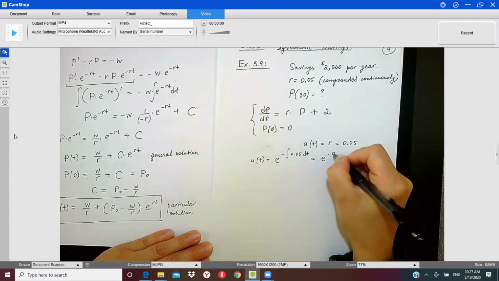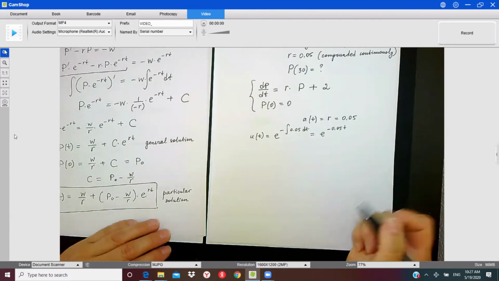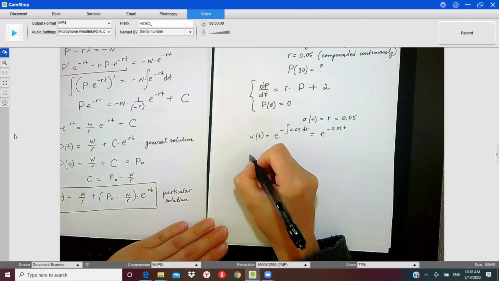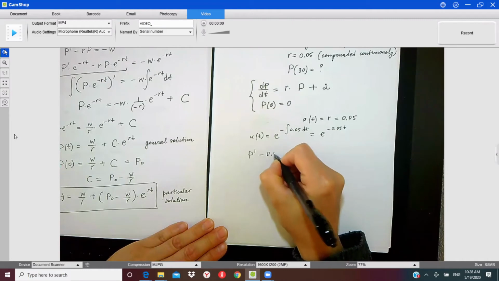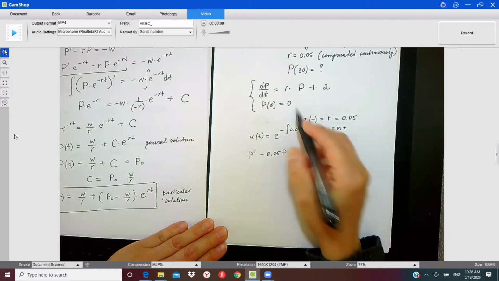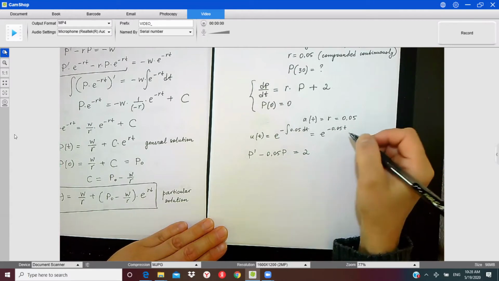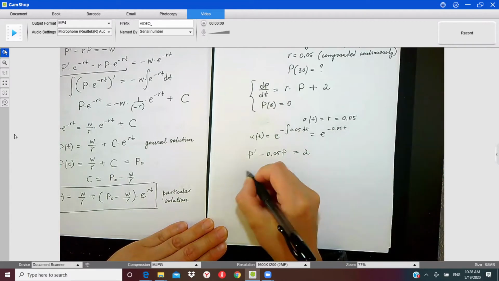So minus 0.05 t. Perfect. So let's solve this DE. I'm going to first subtract 0.05 P from both sides. After that, I'm going to multiply both sides by e to the negative 0.05 t.